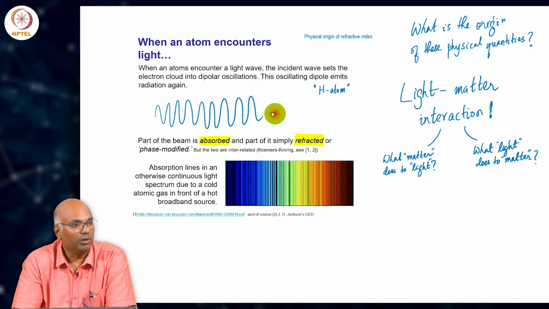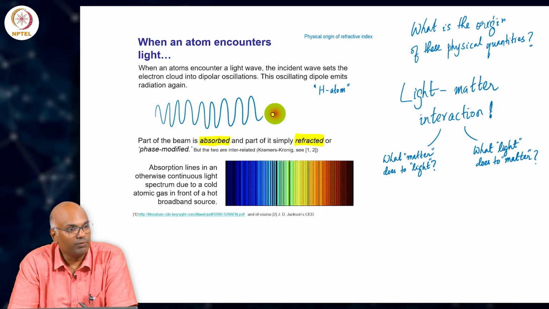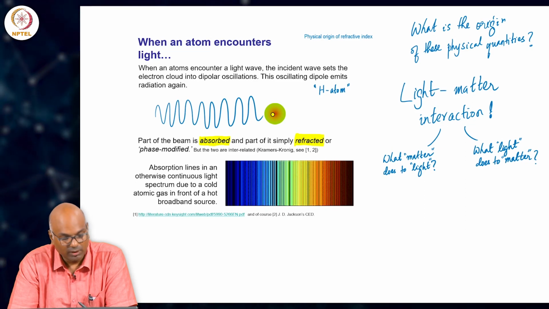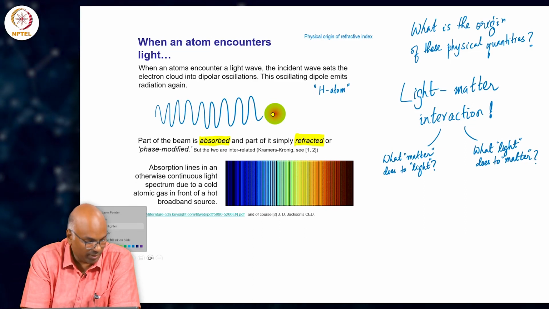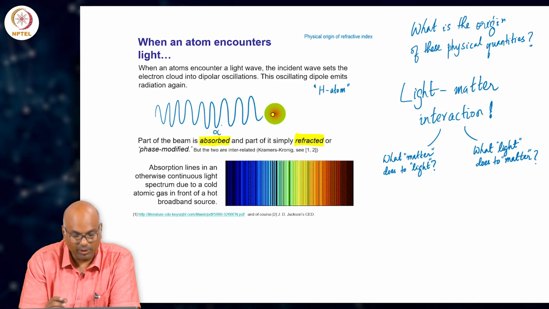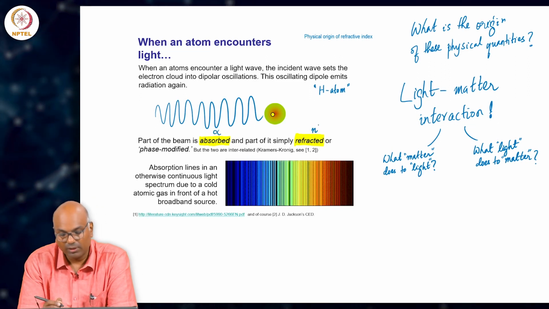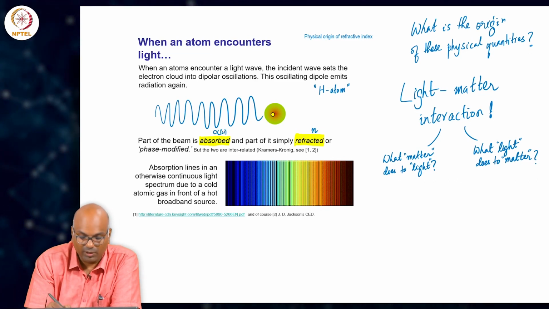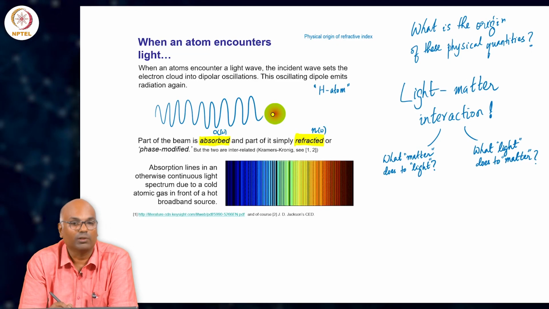We just saw in a couple of view graphs earlier that the absorption was captured in the absorbance, which we gave the symbol alpha to, and refraction was captured in the refractive index. That is why it is the index of refraction or refractive index.